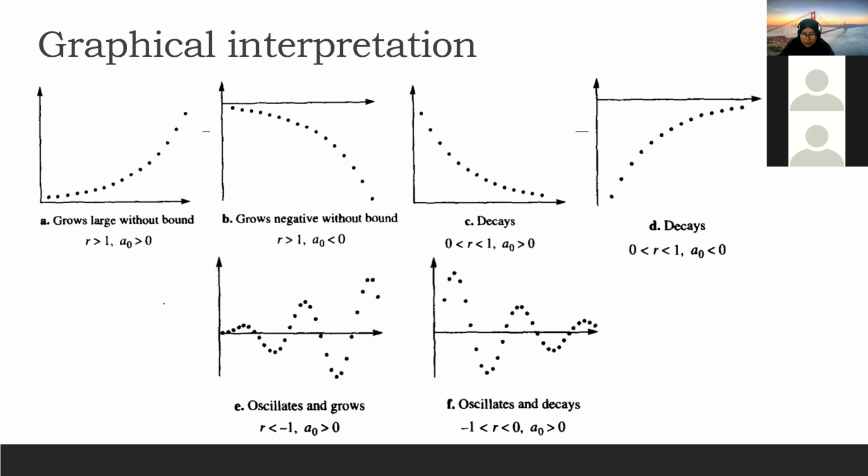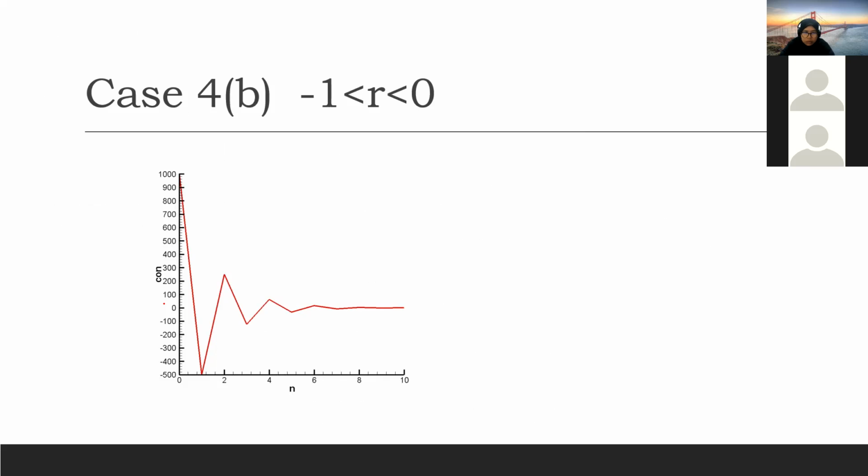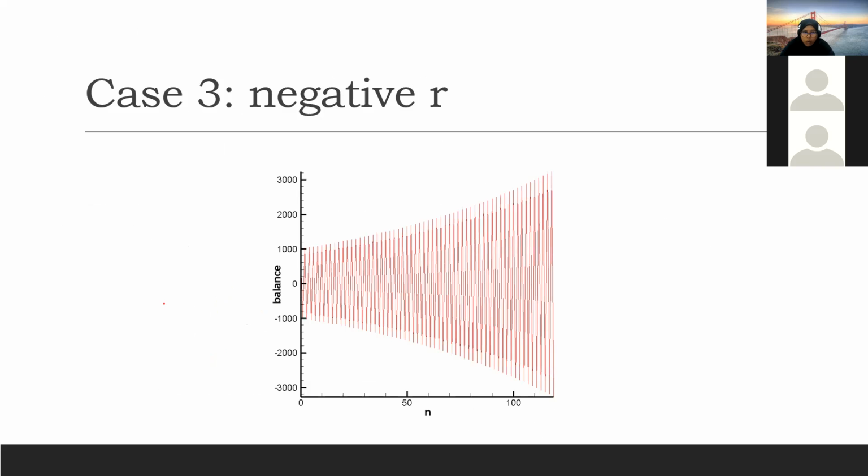Now I want to ask you, why do you think that when r is less than 1, let's say -2, the behavior looks like this? You need to relate e n plus 1 equals r of e n. Why do you think the solution looks like this?